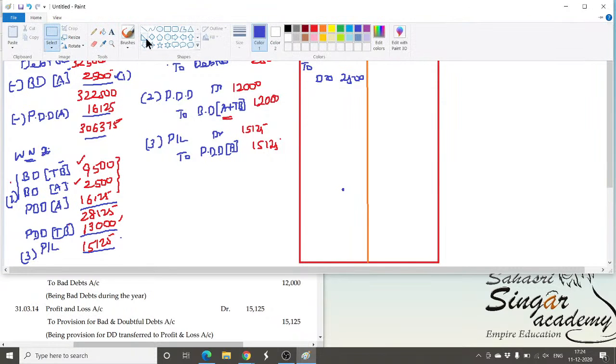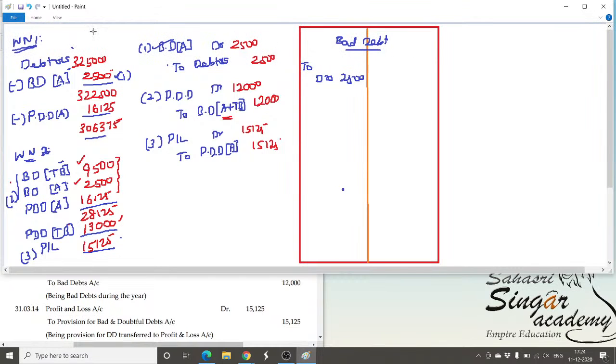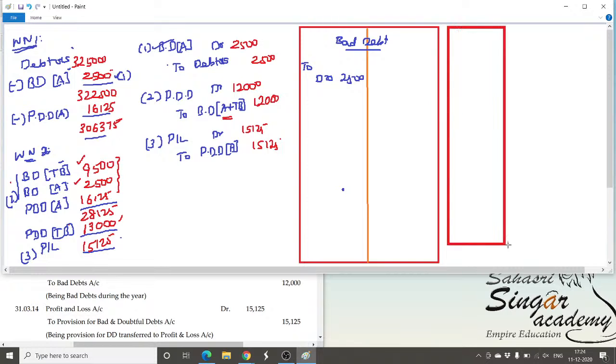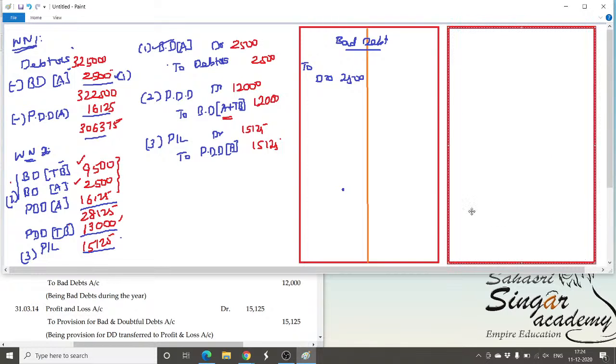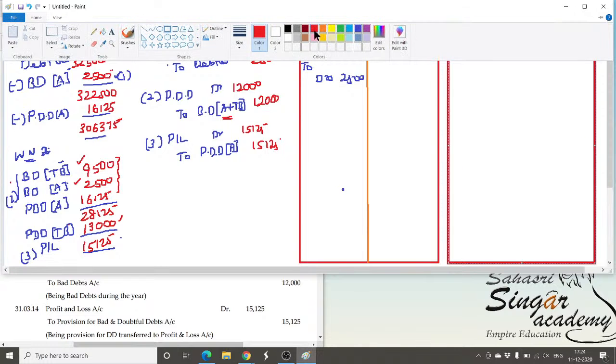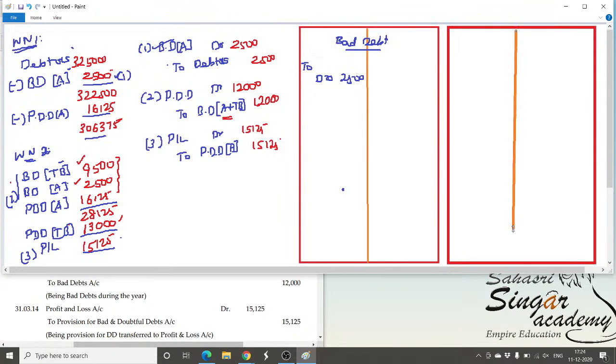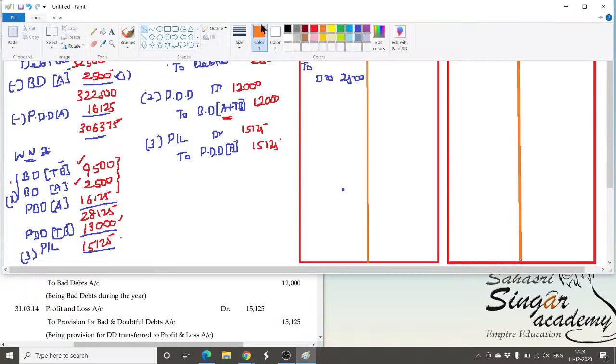Listen here. So I'm opening the balance sheet and other things also here. How this will appear in the balance sheet.